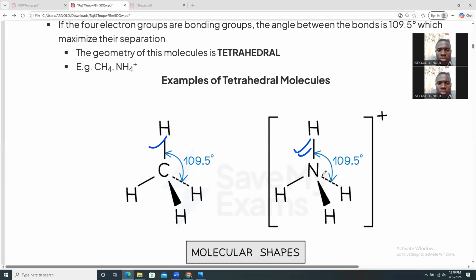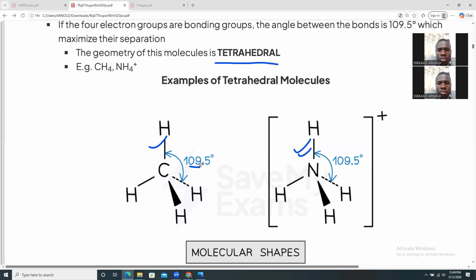The valence shell electron pair repulsion theorem says that if you are having 4 electronic groups, the geometry is tetrahedral and the bond angle is this. Now, you may ask me, teacher, how do those bond angles come about? These bond angles are standard angles.